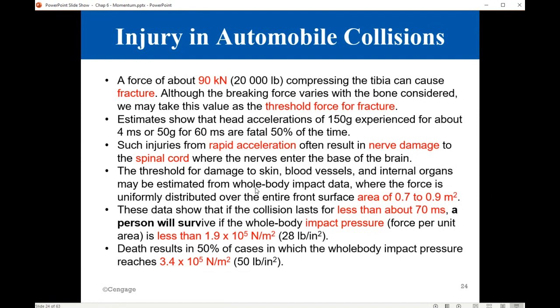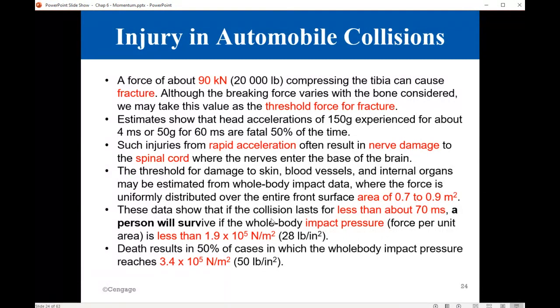We have to consider the force and the area. Usually, we assume the area of the chest and head for the driver is 0.7 to 0.9 square meter. So we calculate the pressure, which equals force per unit area.